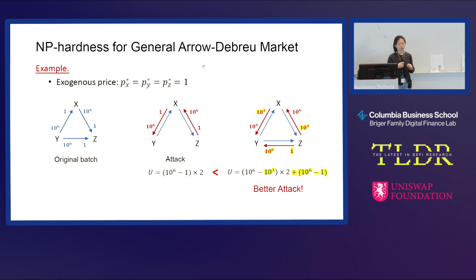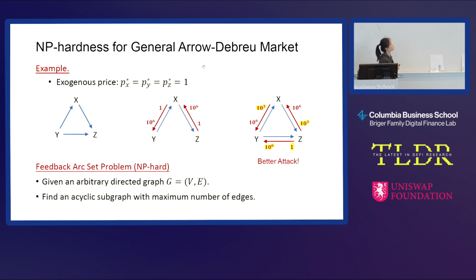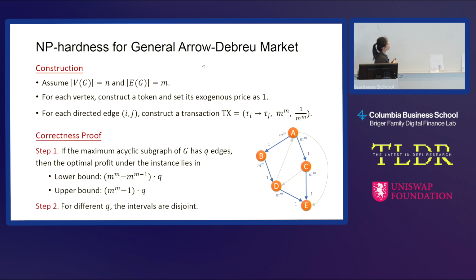But still remember that the user transactions must be acyclic. That is, we need to select as many user transactions as possible while preserving that it is still acyclic. Because of this insight, we can reduce the feedback arc set problem to this MEV optimization problem. And the construction is also inspired by the previous insight.